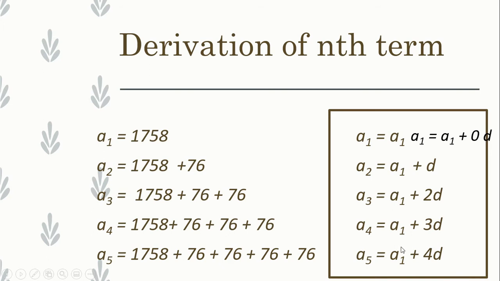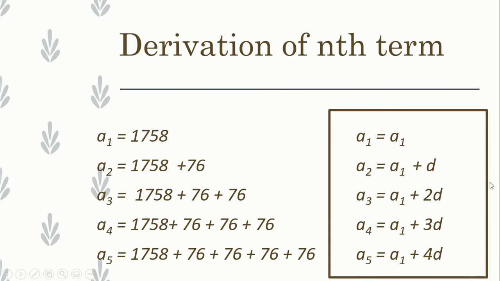The fifth term is equal to a sub 1 plus 4d. N is equal to 5. What's the coefficient of the common difference? That's 4. Can you observe a relation between n and the coefficient of the common difference?